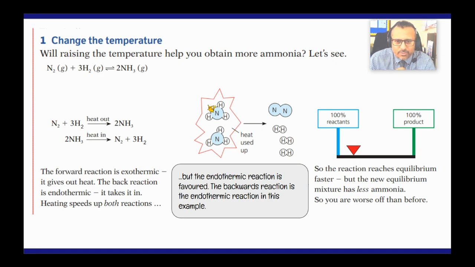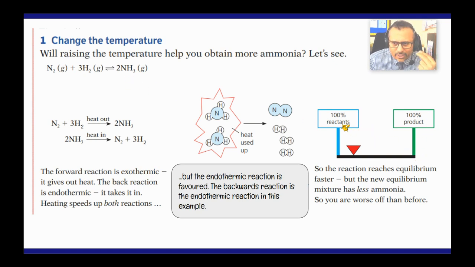So if you heat it up, you're going to get more of this process happening and not so much of the forward reaction of nitrogen reacting with hydrogen to form ammonia. It's not very good, because if you can imagine, you've made your actual product, which is ammonia, and now you're starting to break it down. That just doesn't make sense.